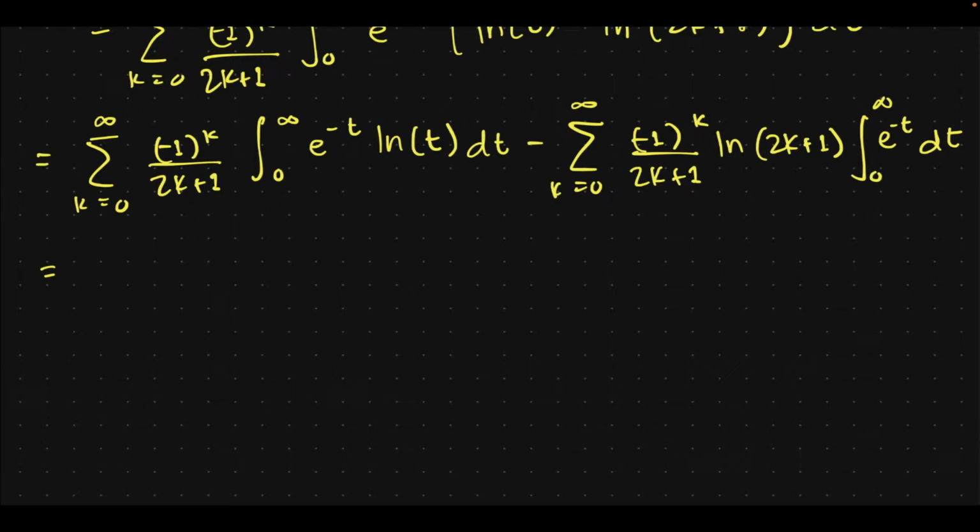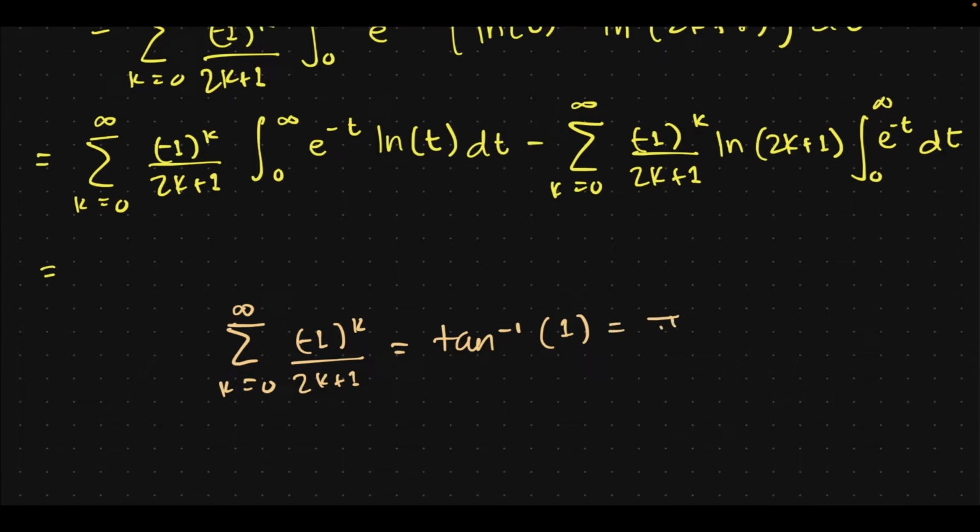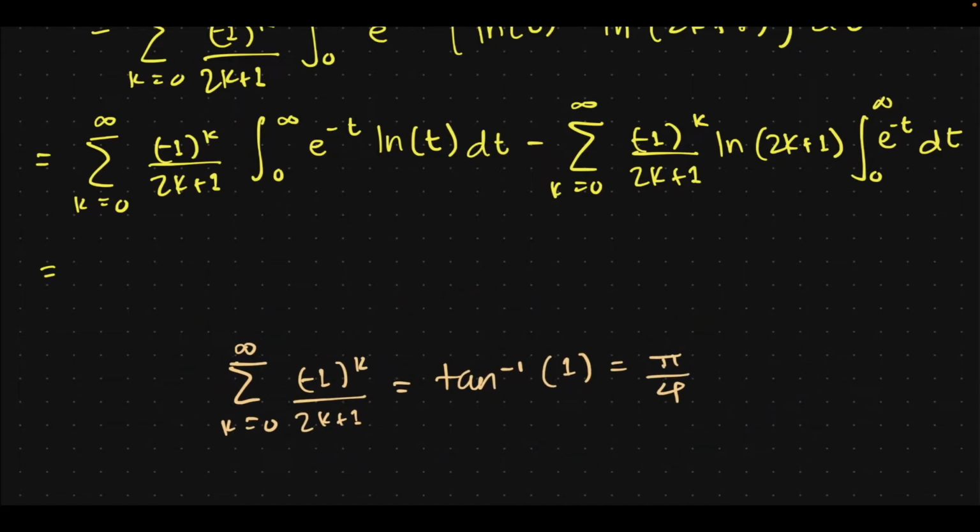So the infinite series here, minus 1 to the k over 2k plus 1, is actually a special case of the Taylor series for the arctangent. Then this becomes the arctangent of 1, which is pi over 4, also known as the Madhava series. So we've basically sorted out the very first term that we have there. The first part is pi over 4, and then this is the digamma of 1, which I've made several videos on. This is minus Euler-Mascheroni.